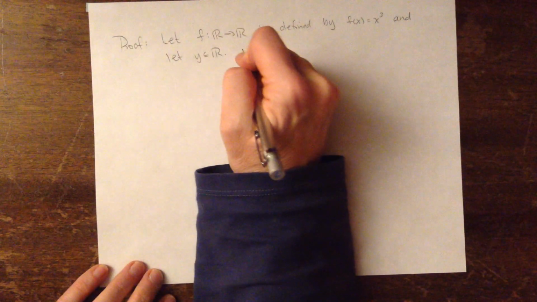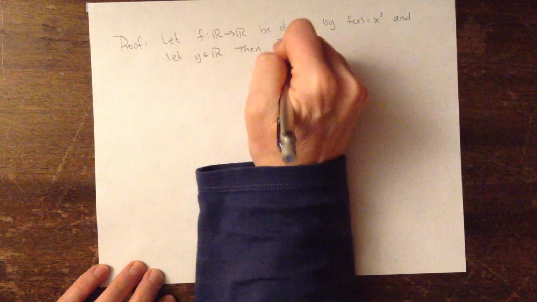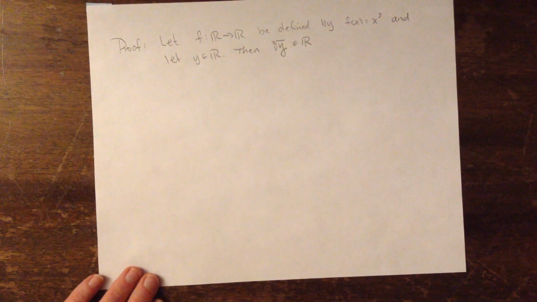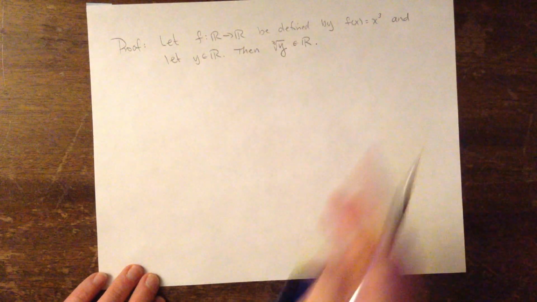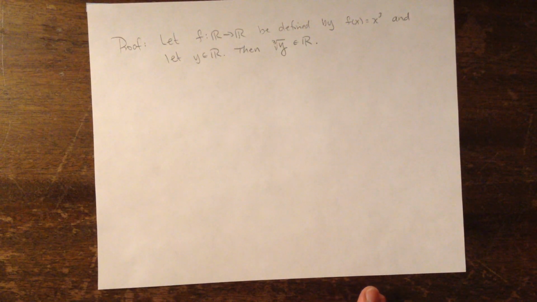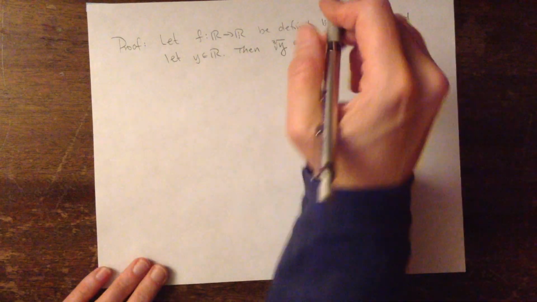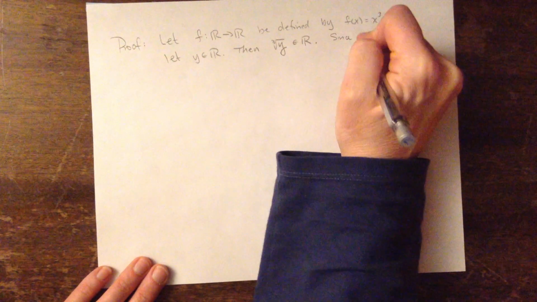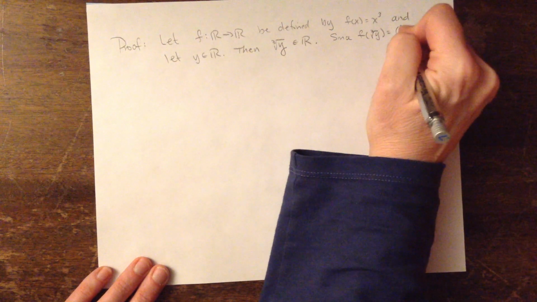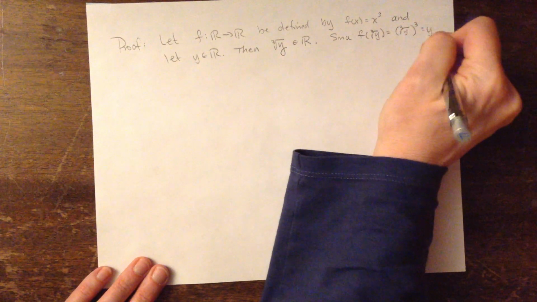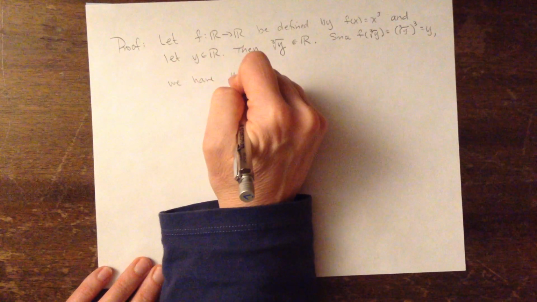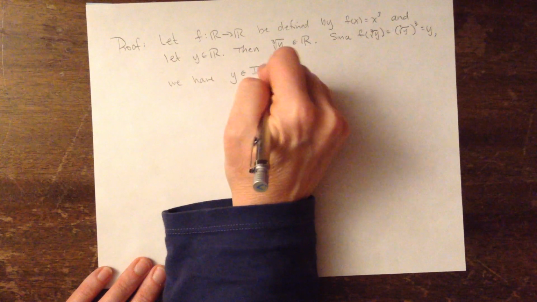I'm just going to say then the cube root of y is in the reals. We know this because if y is a real number, you take the cube root of a real number, you get a real number. So this is a statement I can make just by properties of real numbers. And then I can say since f of the cube root of y is equal to the cube root of y cubed, which is equal to y, we have y is in the image of f.